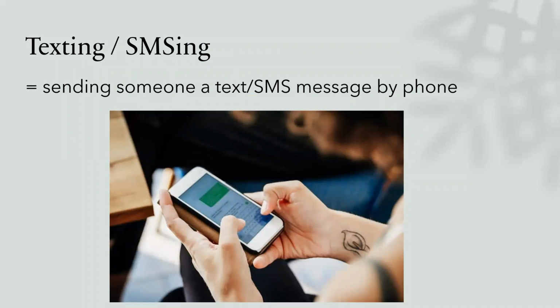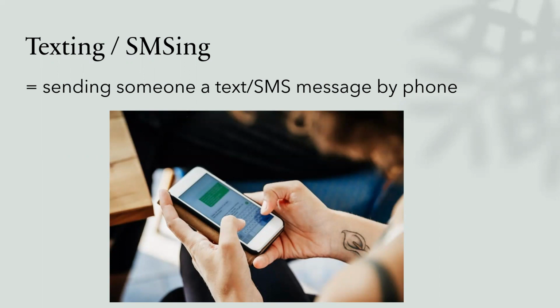When we use a smartphone or a phone, we can send someone a text message or an SMS message. English people and Americans say, I am texting. People who learn English usually say, I am SMSing, or sending an SMS message. So it can be interesting too for you.